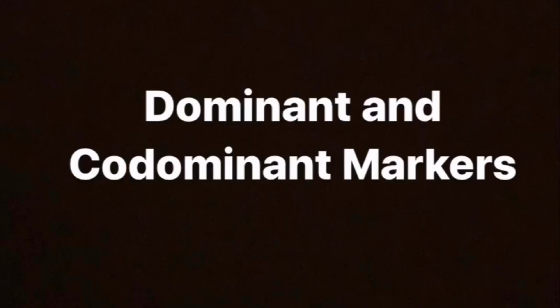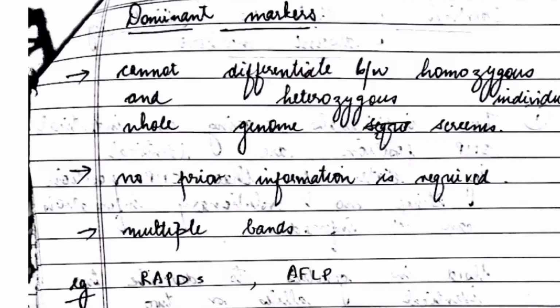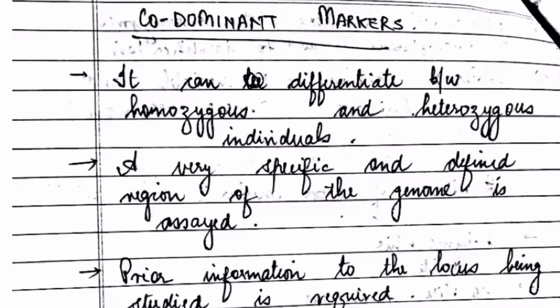So before going to hybridization and PCR markers, let us start with dominant and codominant markers. Dominant markers cannot differentiate between homozygous and heterozygous individuals, whereas codominant markers can differentiate between homozygous and heterozygous individuals.